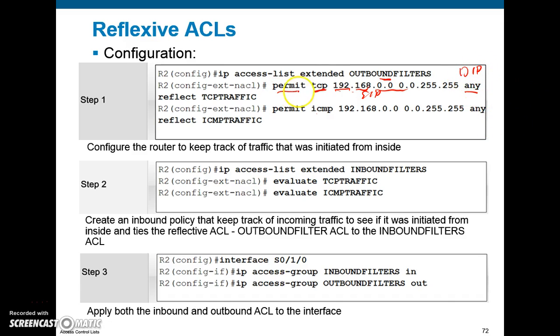I will permit them, and the keyword here is reflect, because I must do reflexive ACL. So I will reflect TCP traffic. This is a keyword, and this is the text that you can put.